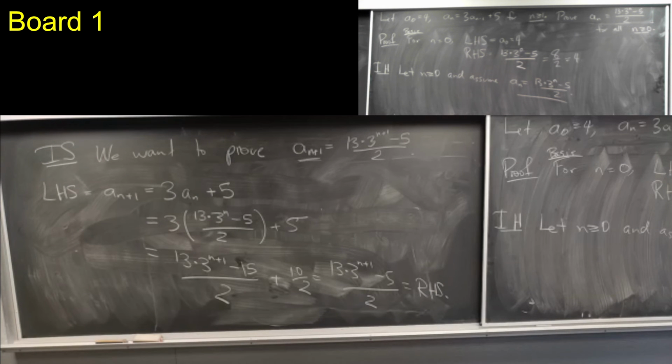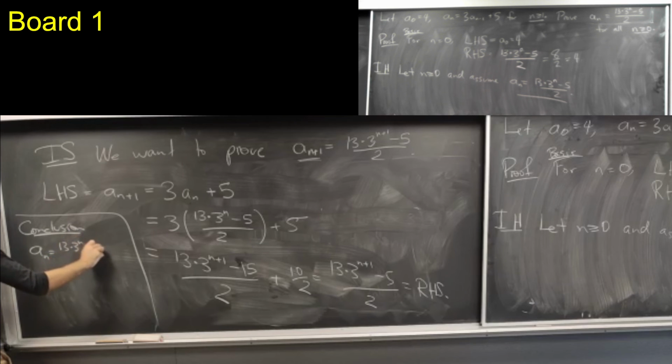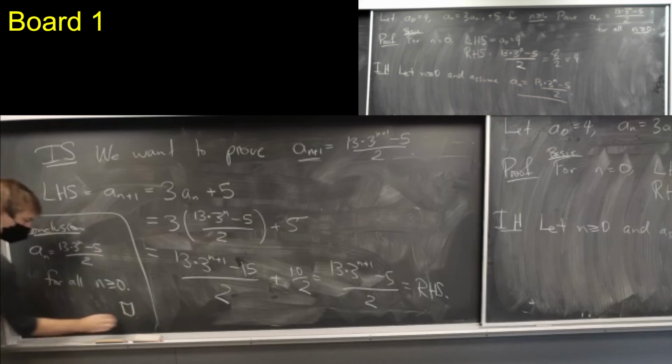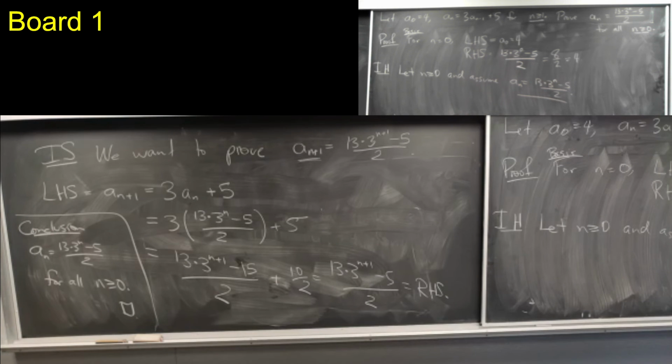So we're happy. So the conclusion is that AN is 13 times 3 to the n minus 5 over 2 for all n at least 0. Okay. So this was a more complicated example. We had to figure out the formula and then prove it. But hopefully the steps were somewhat clear.